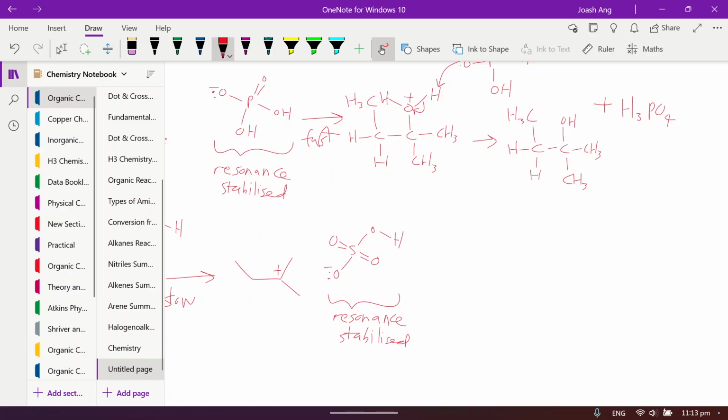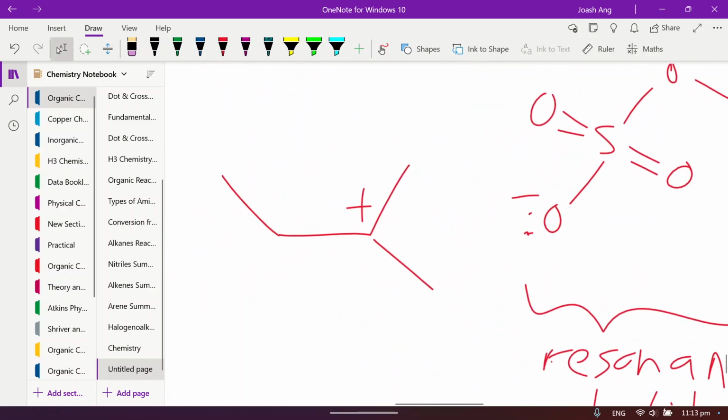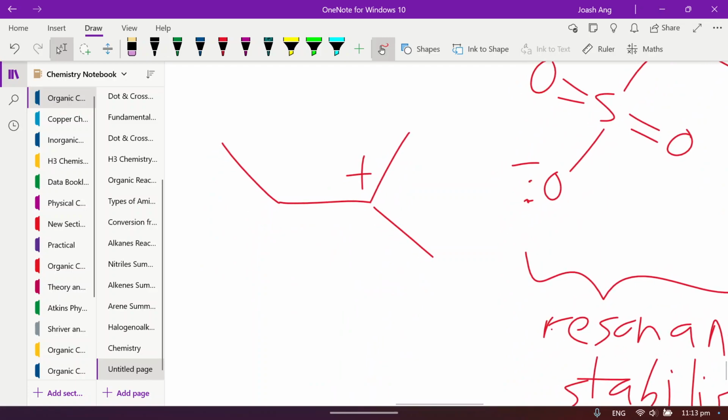Alright, so afterwards, alternatively, you can use water to attack the positively charged carbocation, or you can also use this to attack.